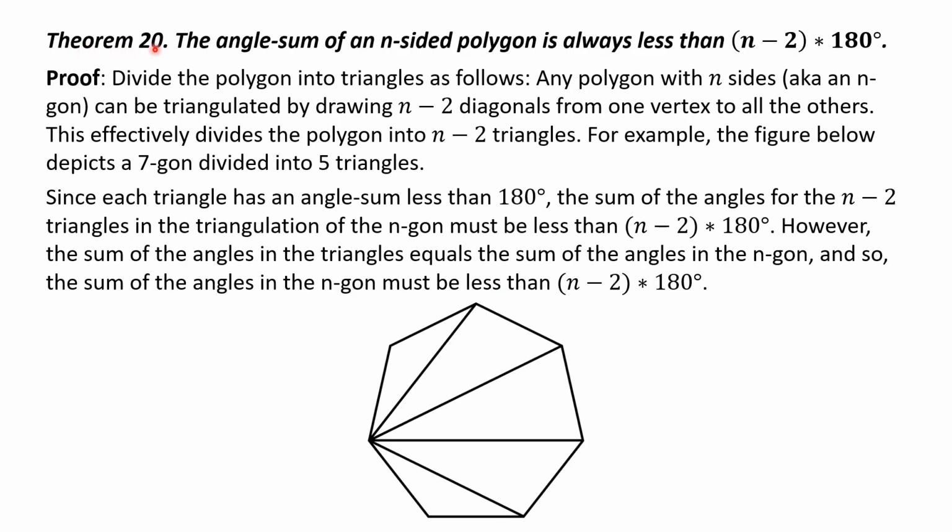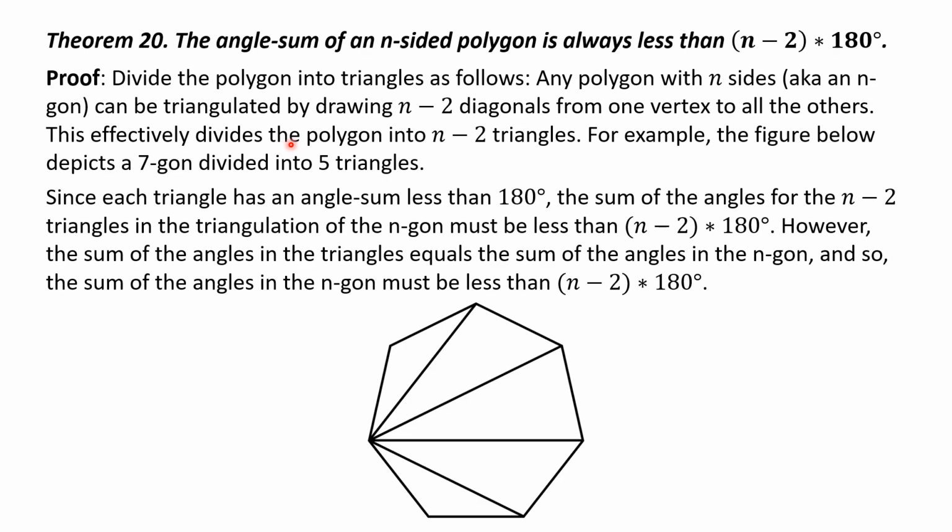Theorem 20 is a restatement of what I mentioned on the previous slide. The angle sum of an n-sided polygon is always less than n minus 2 times 180 degrees. We have a proof. Divide the polygon into triangles as follows. Any polygon with n sides, also known as an n-gon, can be triangulated by drawing n minus 2 diagonals from one vertex to all the other vertices.